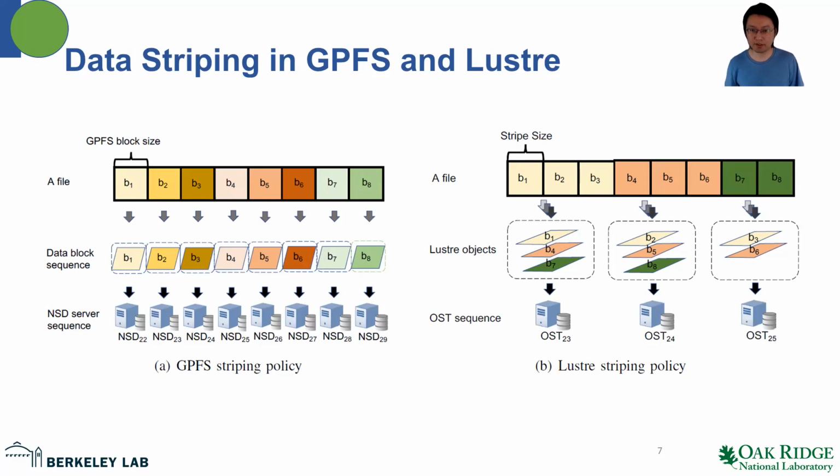On the right side of this slide, we have the Lustre striping policy. Lustre provides some flexibility that allows the user to choose the stripe size and the number of stripes. They can also choose the storage devices to put the data on.